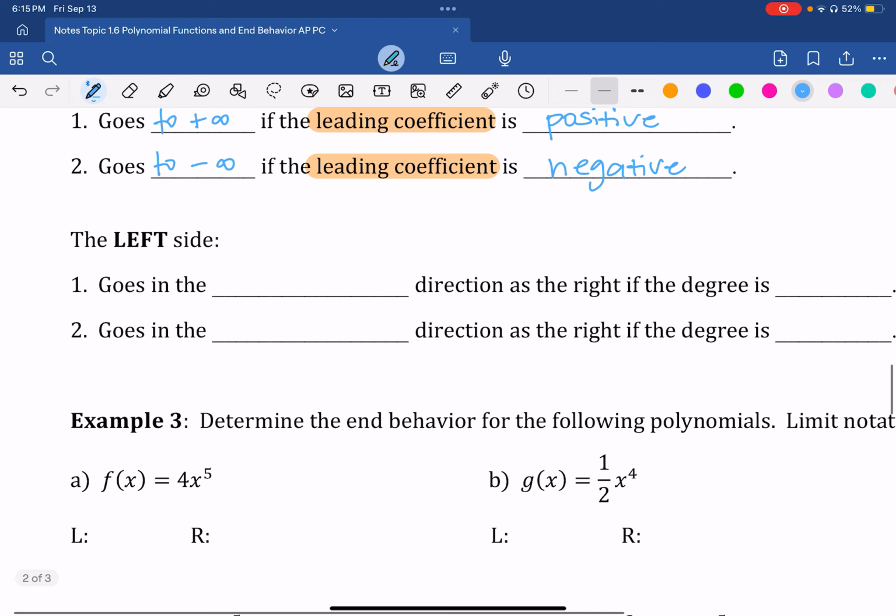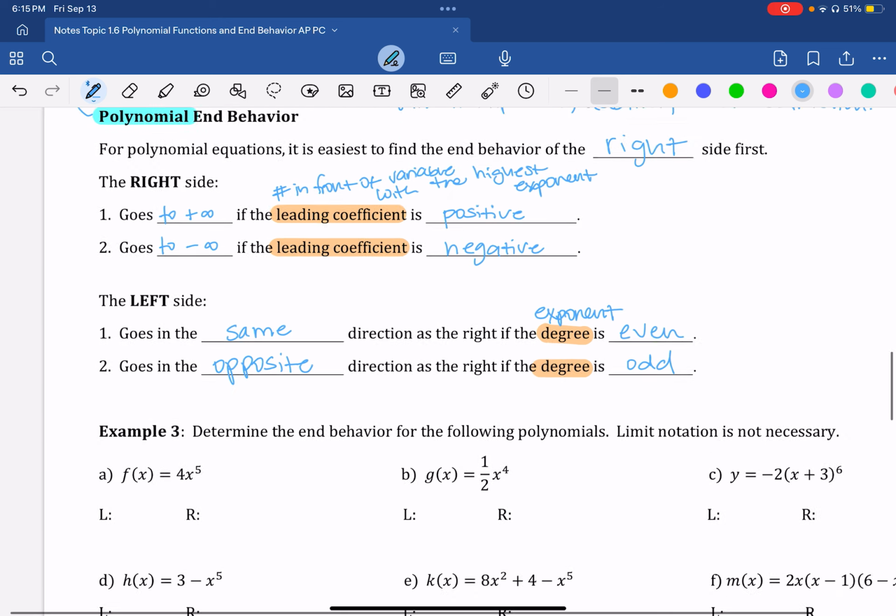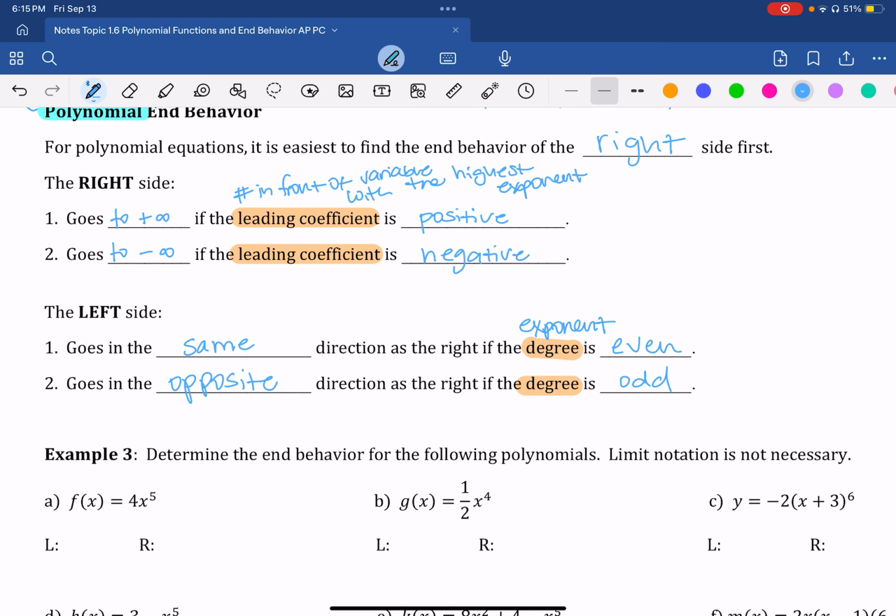For the left side, you're going to go in the same direction as the right if your degree is an even number. And you're going to go in the opposite direction as the right if your degree is odd. And then just to review what a degree is, that's another word for exponent. Okay? So once you figure out that the number in front of your variable with the highest exponent, aka your leading coefficient, is positive, you go up on the right.